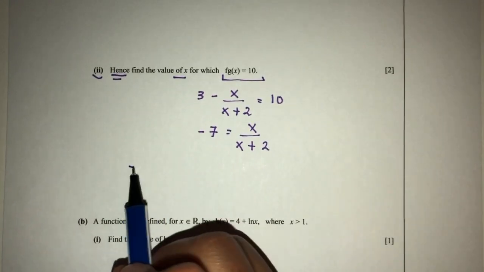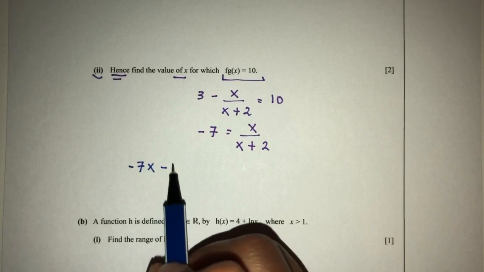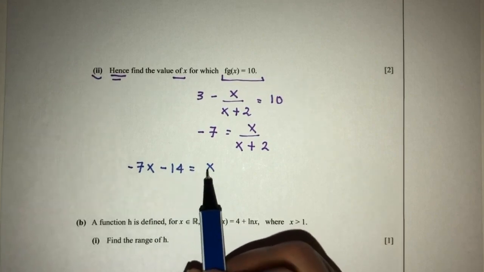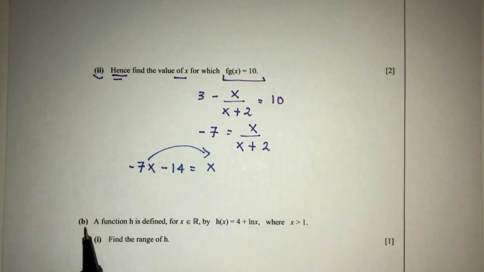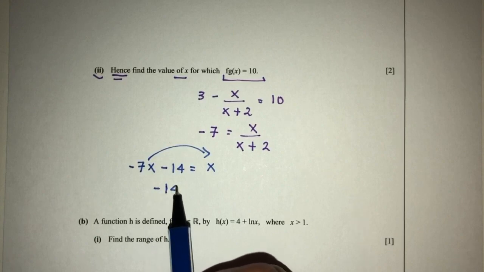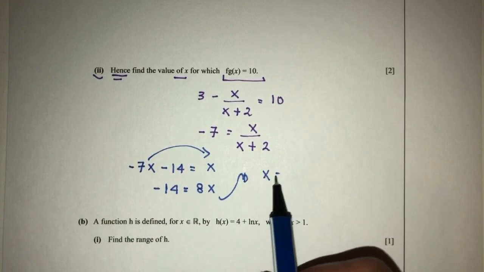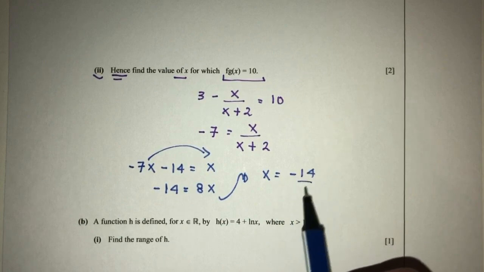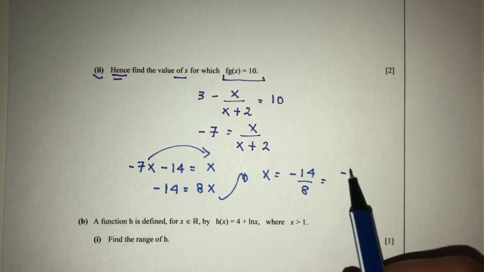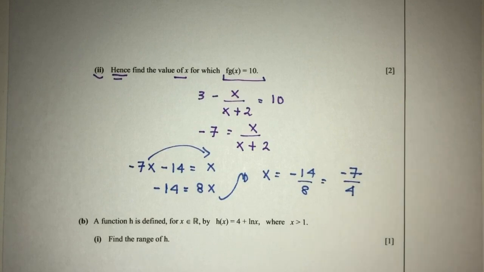Now cross multiply, you will have minus 7x minus 14 has to be x. Send this over here, let's see what you get. Minus 14, that will be 8x. So finally x has to be minus 14 over 8. Simplify, that will be minus 7 over 4. Okay, that will be part 2 of question 10.